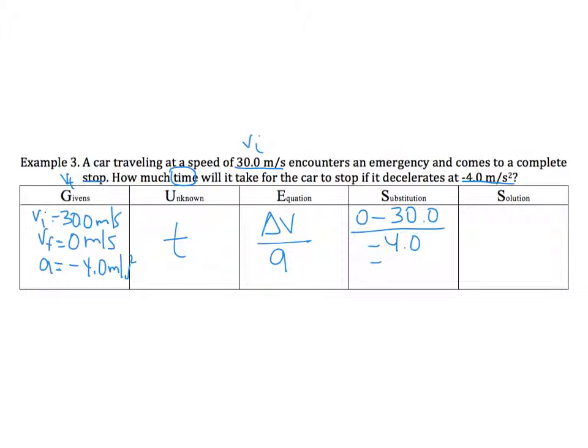So when we do that math, it's -30 divided by -4. So we end up with an answer of 7.5. Keeping in mind, because we have a negative over a negative, those cancel out and we get a positive number.